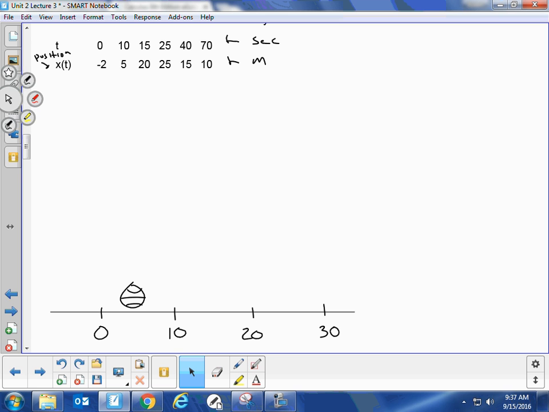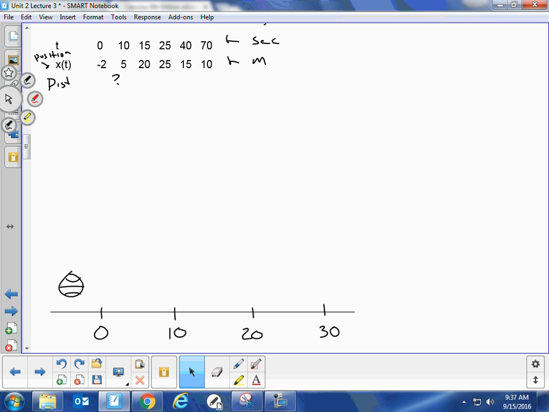What's really, really important is that between this 0th second and the 10th second, I have no clue how far I've traveled, because we don't have the information in between those 2 points.